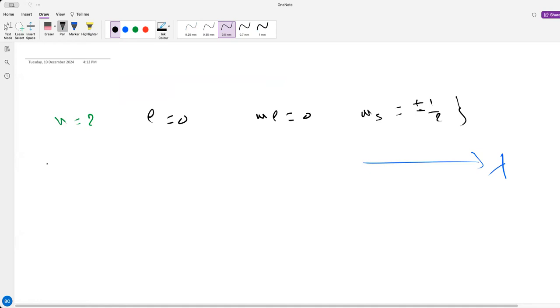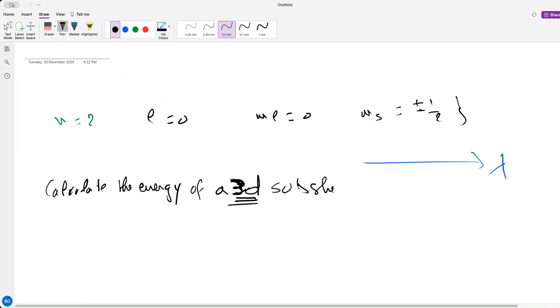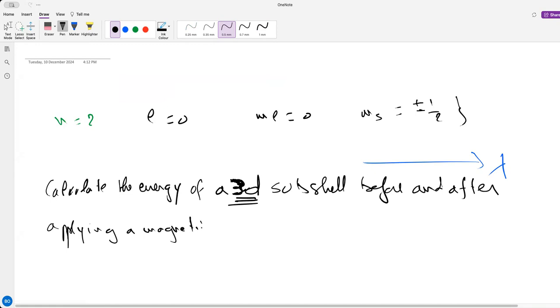Okay. So here is the question. Calculate the energy values of a 3D subshell before and after applying a magnetic field, let's say a magnetic field of 2 Tesla.